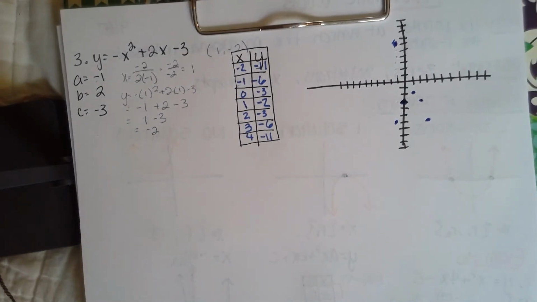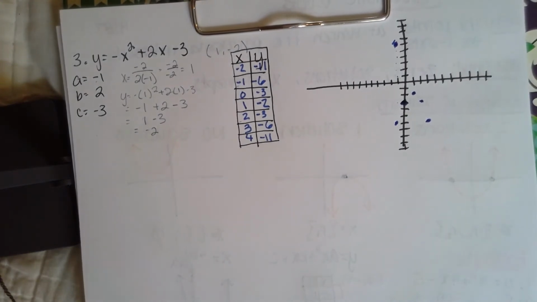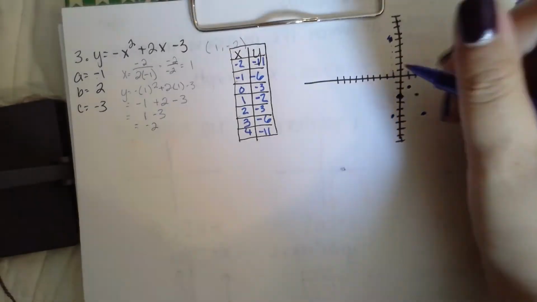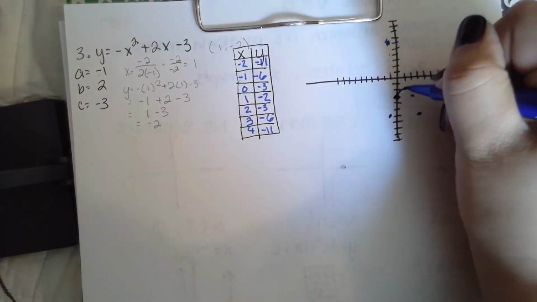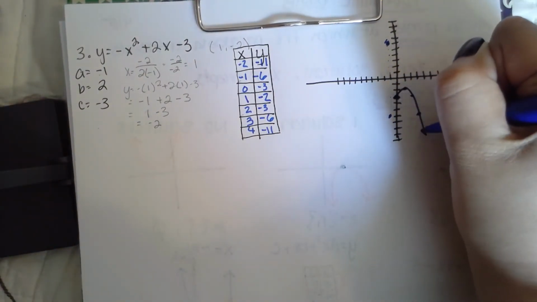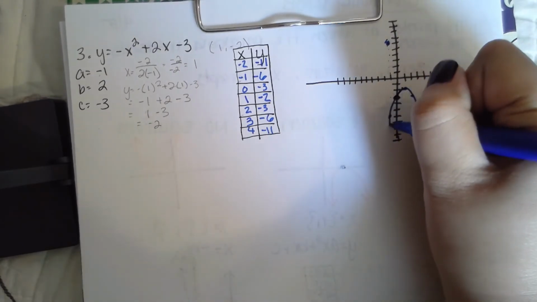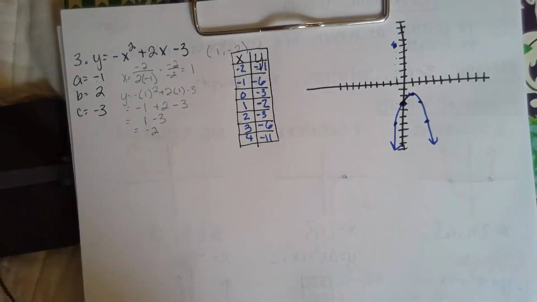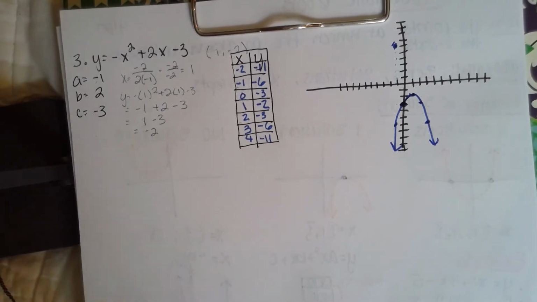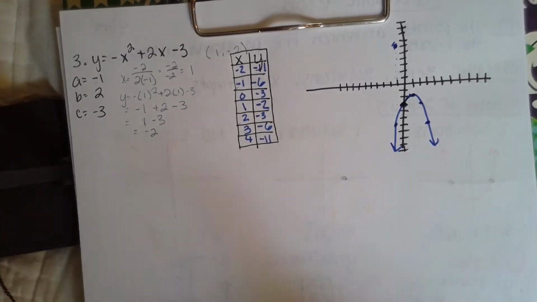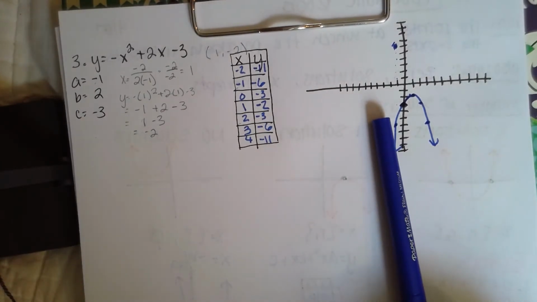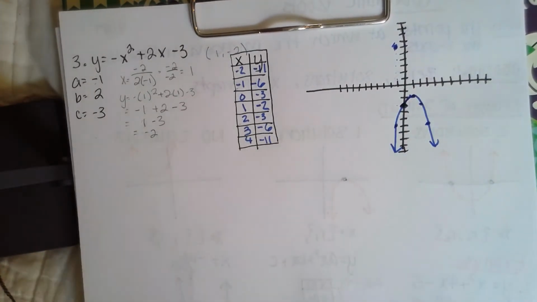Alright, last thing to talk about is the discriminant. The definition of the discriminant: it's used to determine the number of solutions.